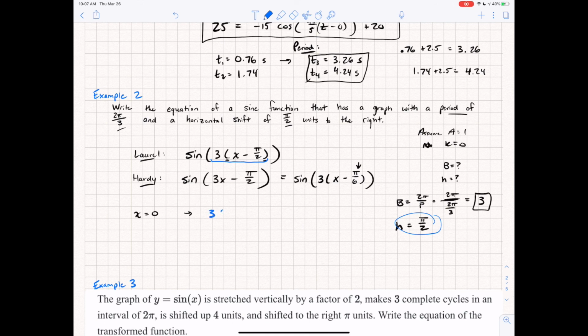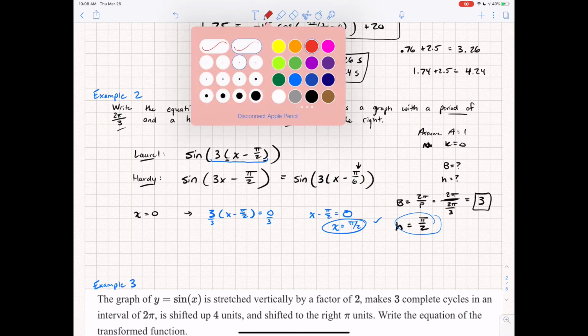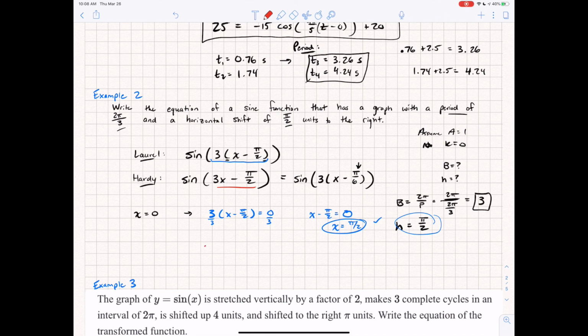So if I do 3x minus pi over 2 and set this equal to 0, I would divide by 3 first, and then I would need to add pi over 2, which gives me just pi over 2. Well, that works. But if I do this x is equal to 0 thing for Hardy's, notice I would not divide by 3 first. I would add pi over 2 first.